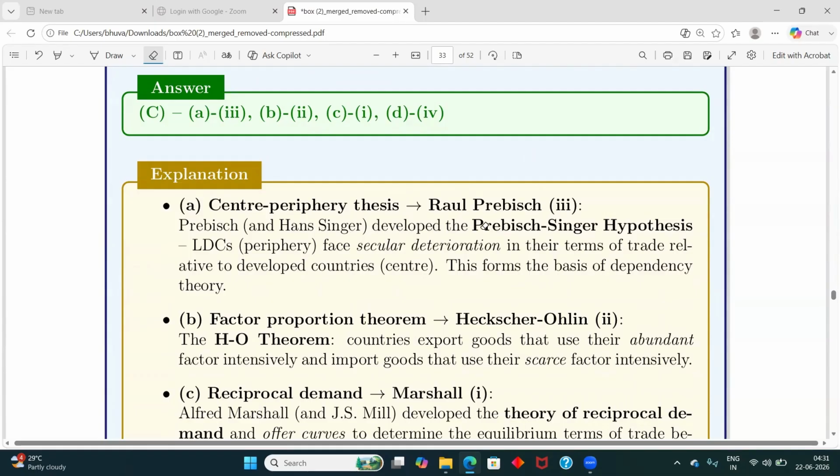They developed this hypothesis: developing countries face secular deterioration in terms of trade relative to developed countries, the center. This forms the basis of dependency theory.